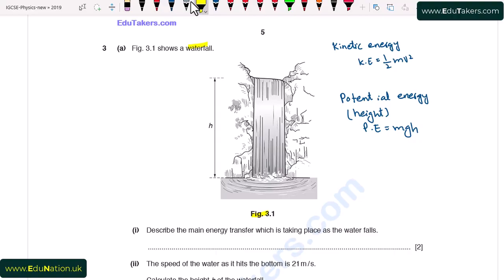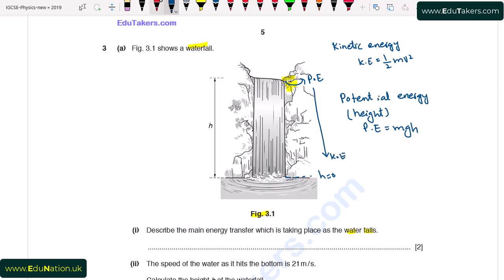Part 1. Describe the main energy transfer which is taking place at the waterfall. So we can see that in figure 3.1 water is falling from height h. So which transfer of energy takes place? At the highest point all of the energy is potential energy, while at the ground the height is equal to 0. That's why all of the potential energy is converted into kinetic energy.